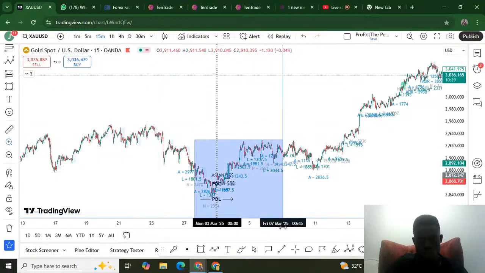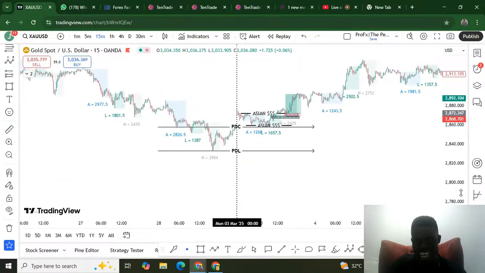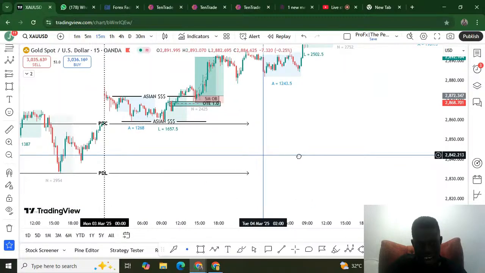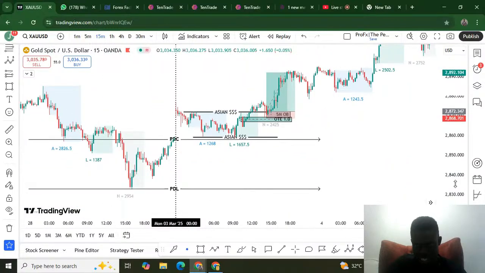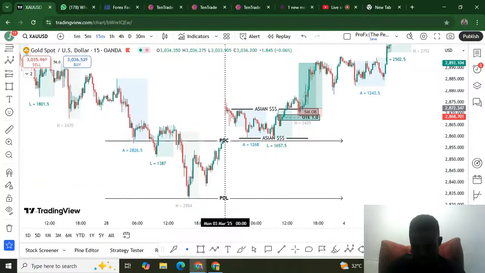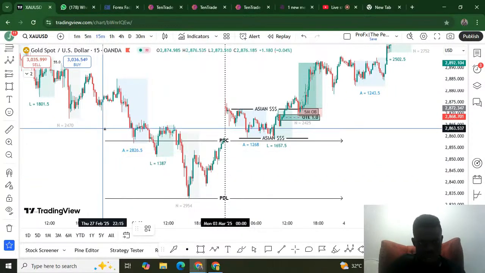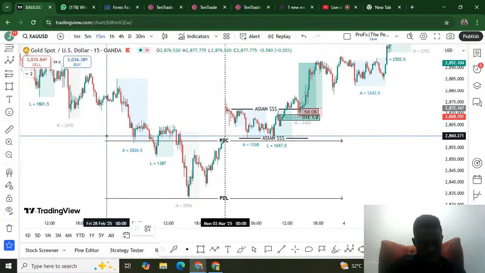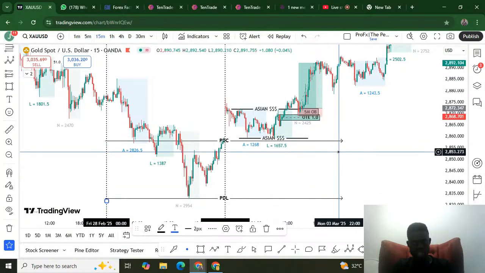So this is what we now put in our journal as a winning pattern. We will screenshot this and have it as a winning pattern in our journal, that on the 28th of February... Let me show you how you journal your trades for backtesting. Let me teach you.